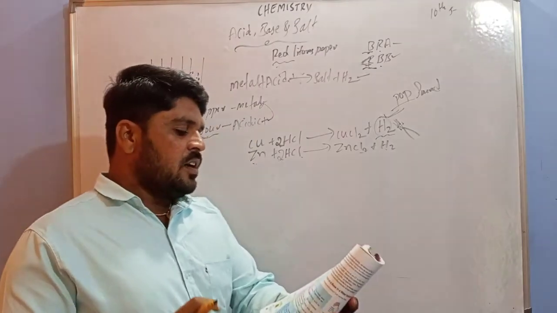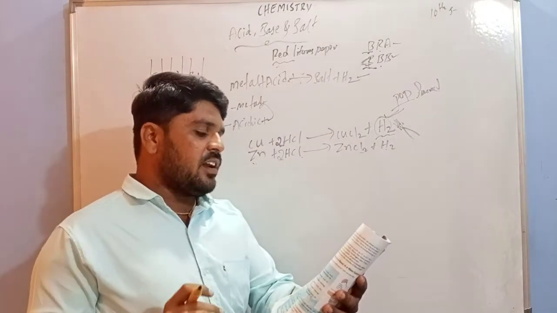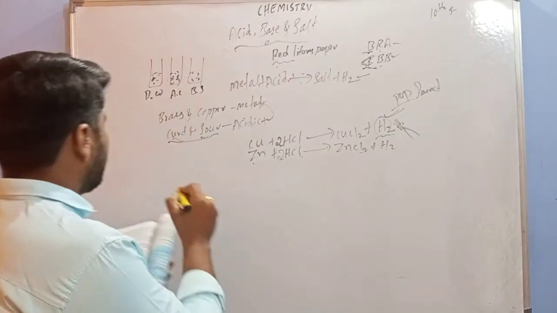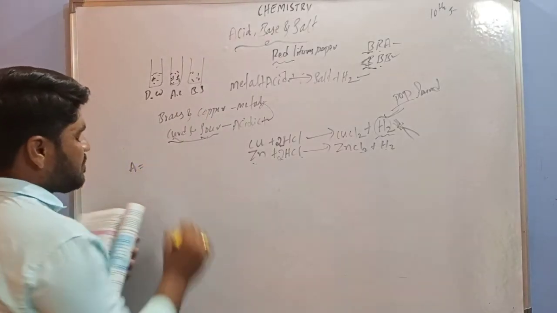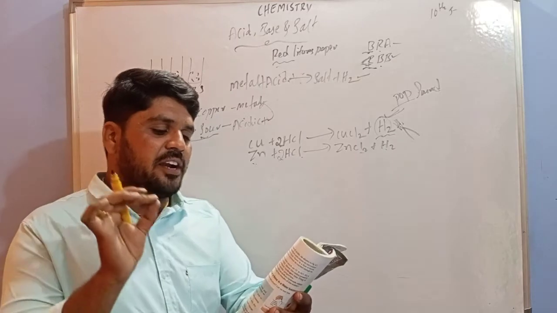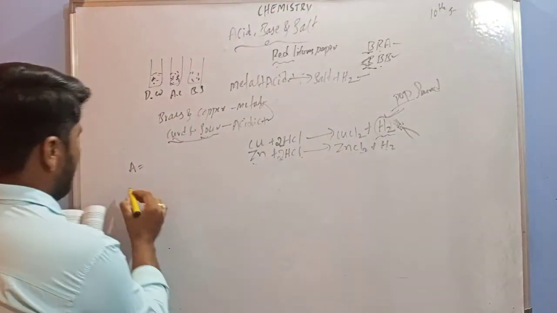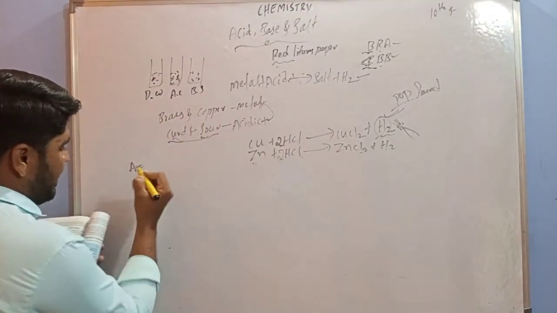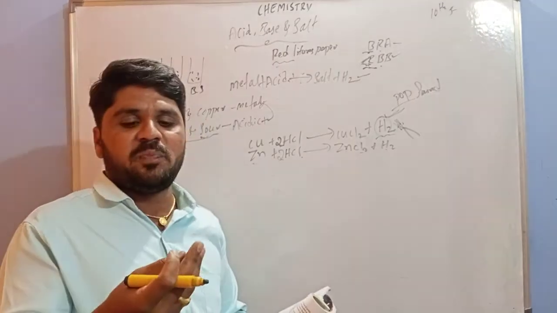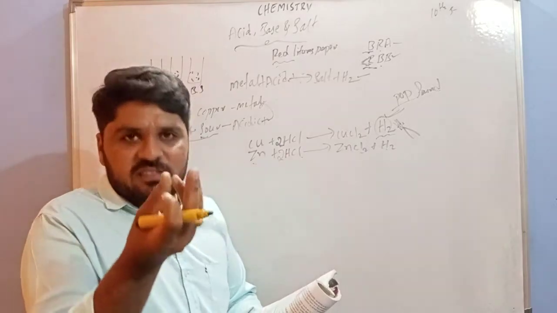So next is the third question. A metal compound, I am considering that compound as A, reacts with dilute hydrochloric acid. The hydrochloric acid formula is HCl, right? It produces effervescence, meaning bubbling.